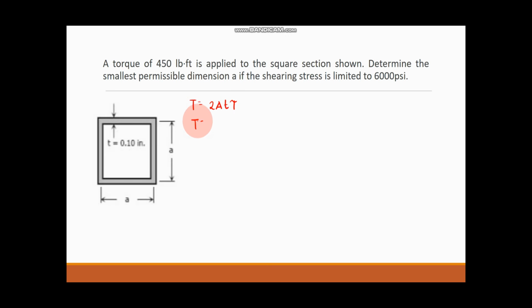Our torque is equal to 450 pounds-feet, but I want to use pounds-inches so that everything is uniform, so we multiply by 12 inches. So it is equal to 5,400 pounds-inches. And then our shearing stress is 6,000 psi. We are looking for the permissible dimension A.